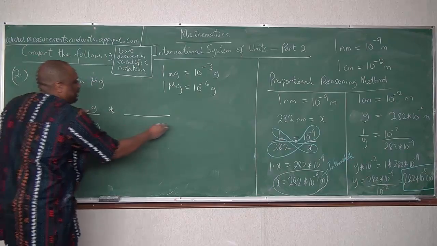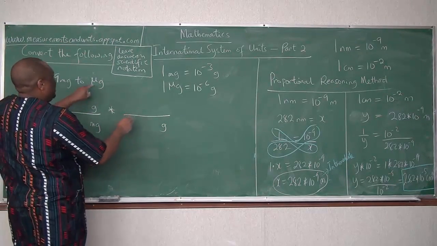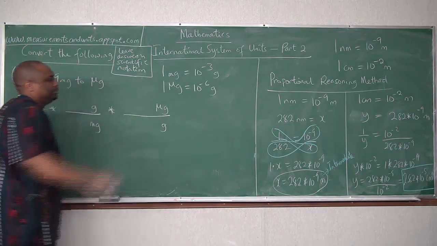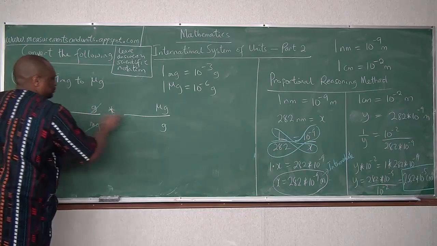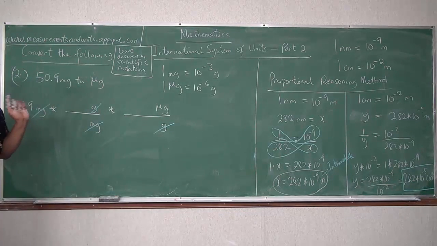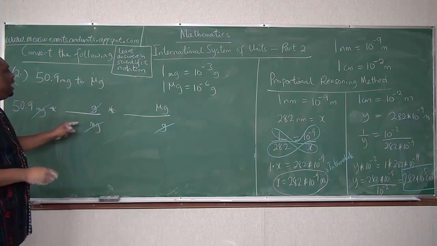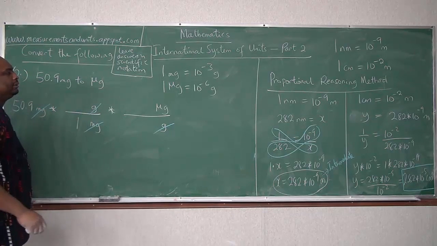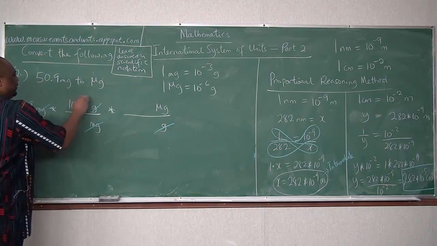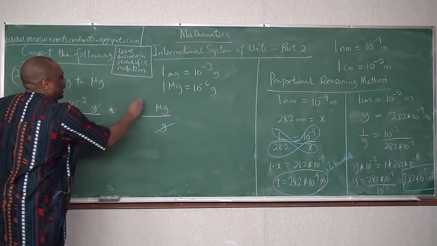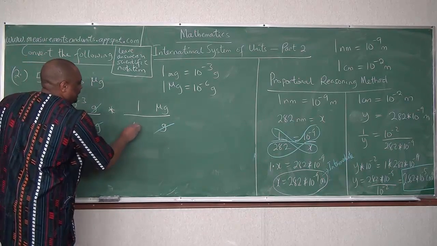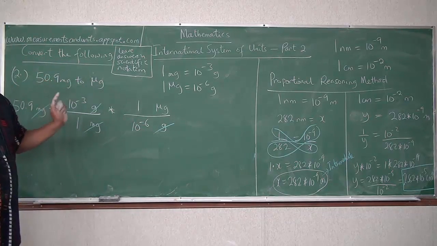And this gram here, we write gram here, and then here we now write microgram. You see? So it will cross out. Now I put 1 here, and 10 to the negative 3 here, and here I put 1, and 10 to the negative 6, and that's it.